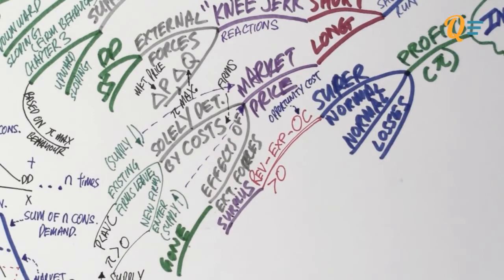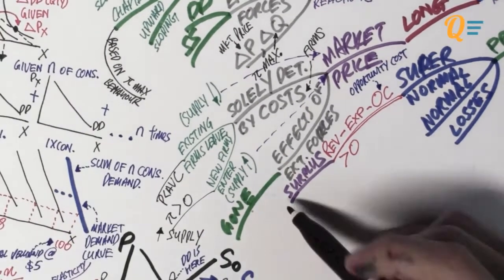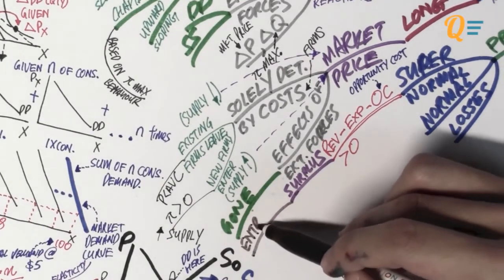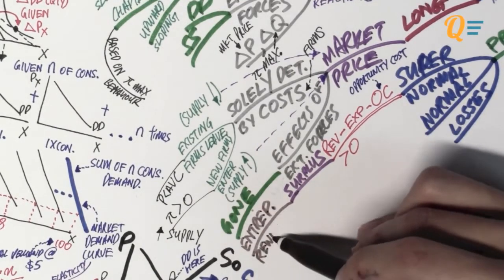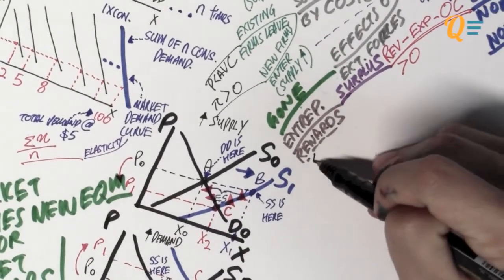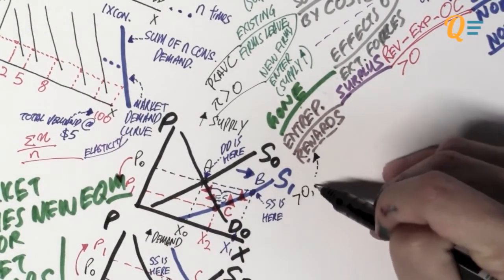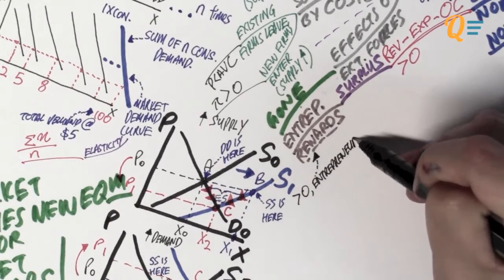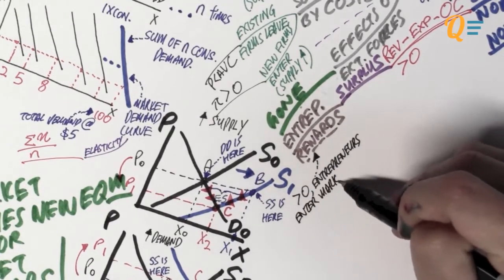So there is a surplus of revenue after deducting your expenditure and your opportunity cost, and we call this surplus entrepreneurial reward. This is the reward that the entrepreneur gets for taking the amount of risk to start the new venture. He's paid, but he's being paid more because of the risk that he has taken. So entrepreneurs, being entrepreneurs, will enter a market if they see that there are positive returns.